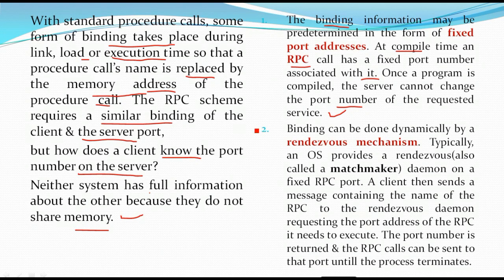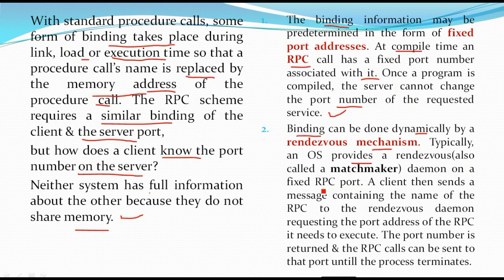Okay. And also, binding can be done dynamically by a rendezvous mechanism, which is also called a matchmaker. Typically an OS provides a rendezvous daemon, also called a matchmaker, on a fixed RPC port.